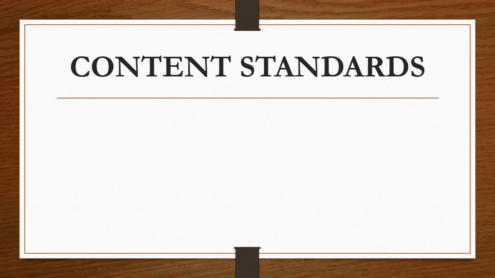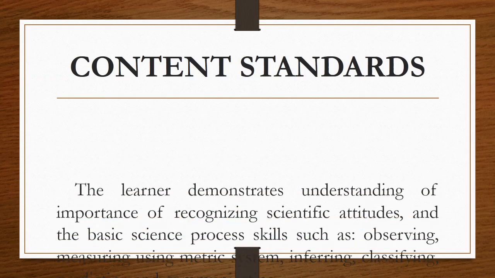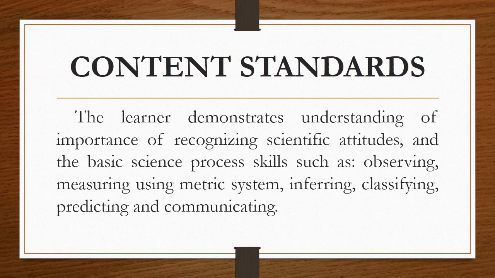Now, for the first quarter, we have the following topics as presented, the content, but we have the standards to follow. So what are the standards? You as the learner should demonstrate understanding of importance of recognizing scientific attitudes and the basic science process skills such as observing, measuring using metric system, inferring, classifying, predicting, and communicating.